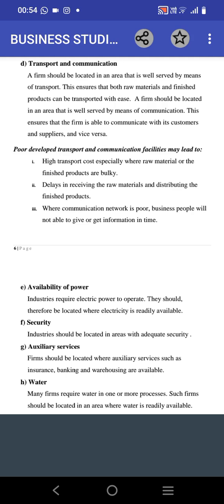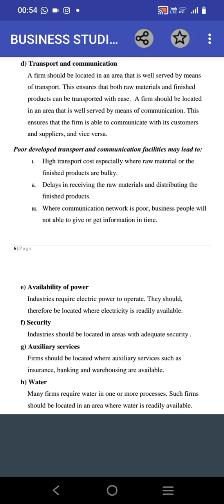You should locate your farm near the availability of power. Industries require power to operate, so they should be located where there is electricity. We should also locate the farm where there is water to make the finished product.